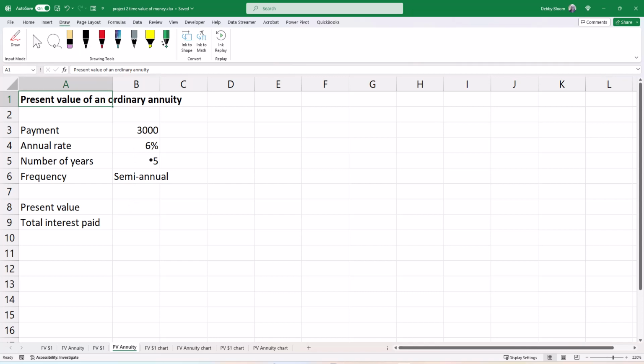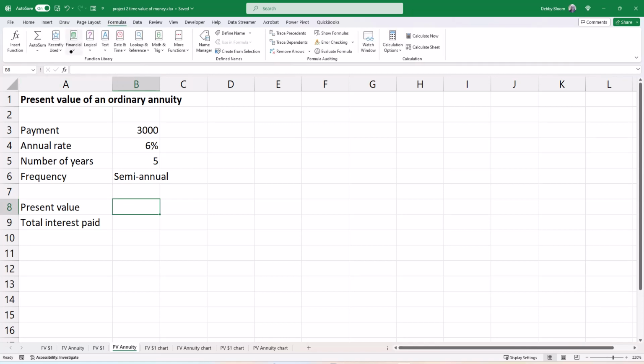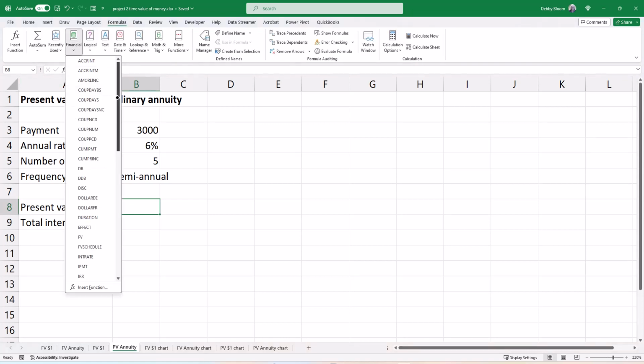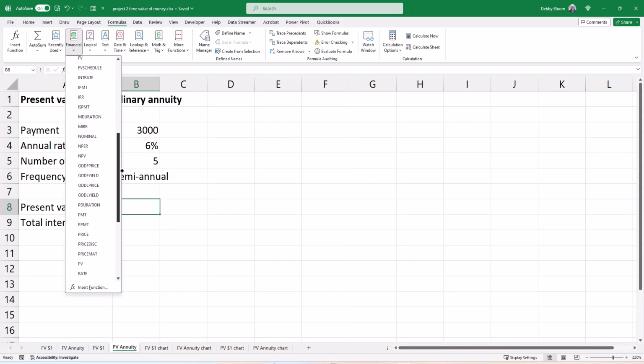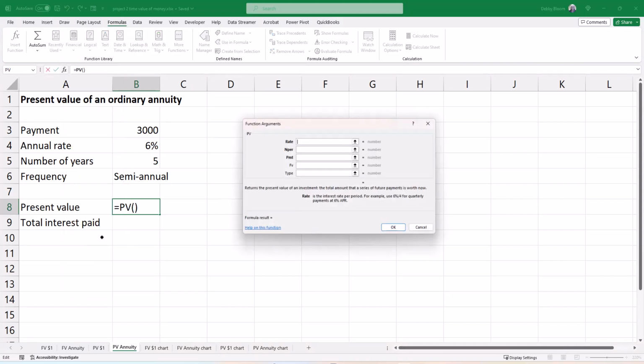We want to know how much that's worth today. So I'm going to click in cell B8, Formulas, Financial, and PV. Since this one is semi-annual, for the rate, I want to take the annual rate and divide by 2, because semi-annual means 2 times a year.